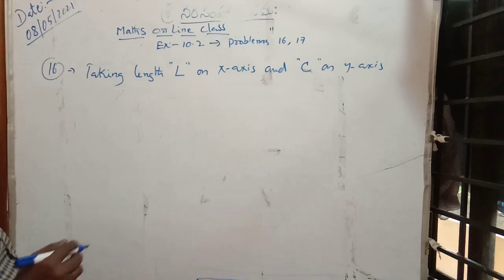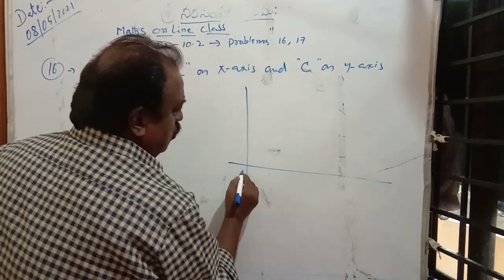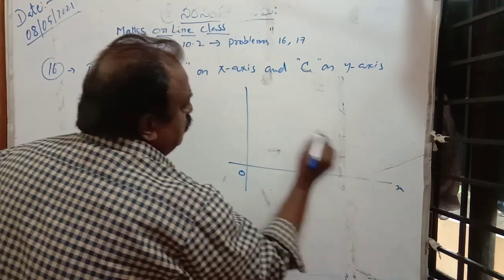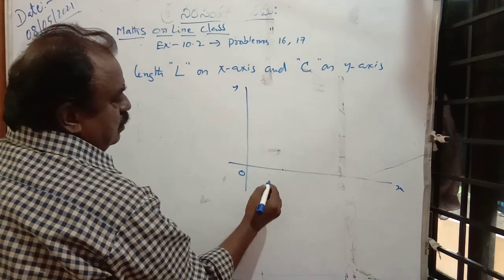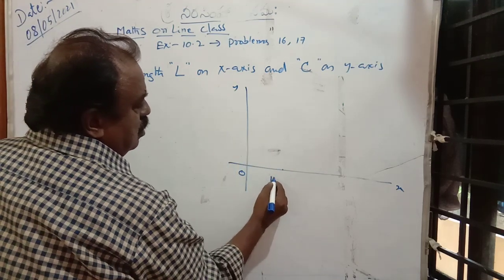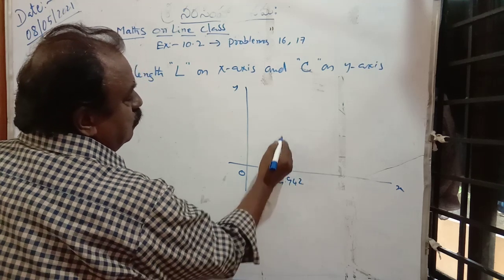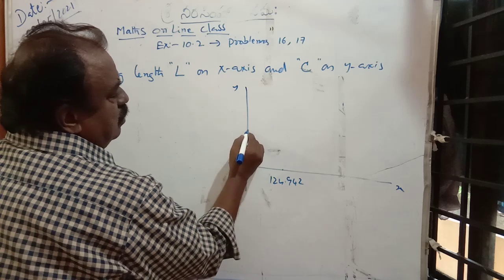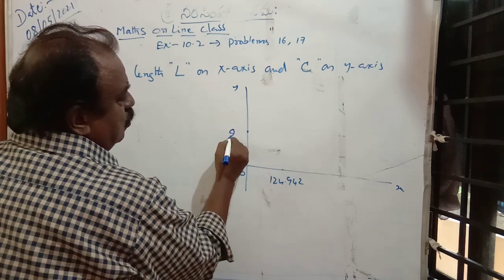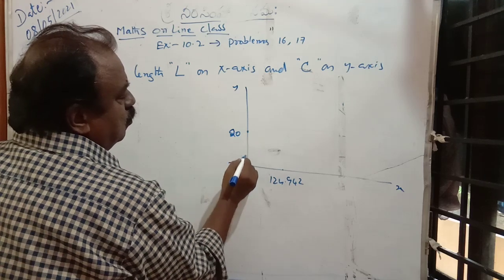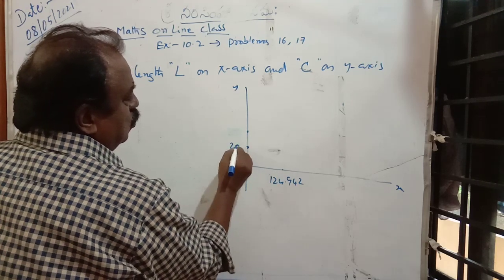Now suppose, see the diagram: horizontal x-axis, vertical y-axis. When the length is 124.942, the Celsius C now is 20. I will write here, it is 20.